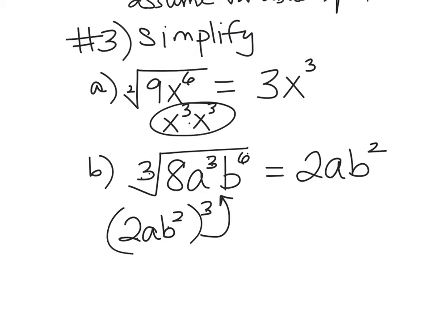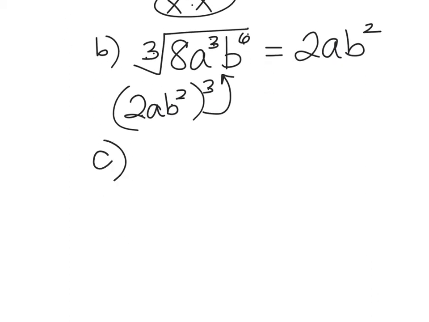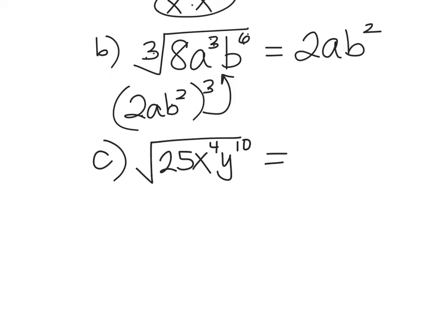I'm going to let you try one. You're welcome. Try this one. Let's do the square root of 25x to the 4th y to the 10th. You try this one. And don't shout it out.